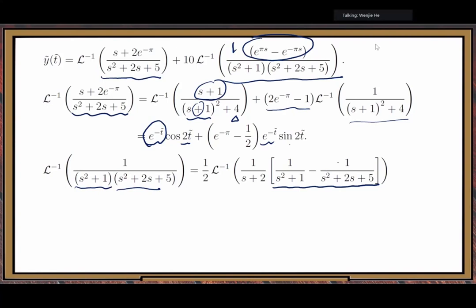When I do subtraction, the numerator has 2s plus 4, so I should put the 1 over 2s plus 4 to balance the formula. Then for this factor, I take constant 1/2 out. Then 1 over s plus 2.